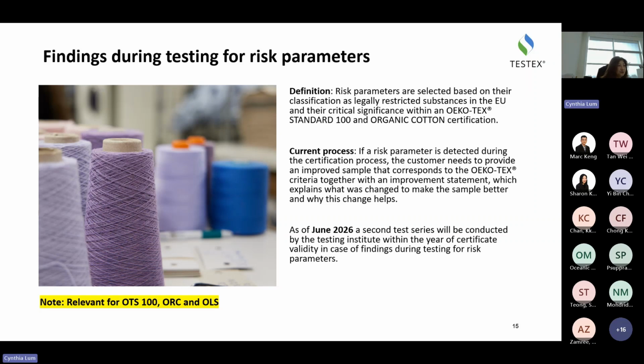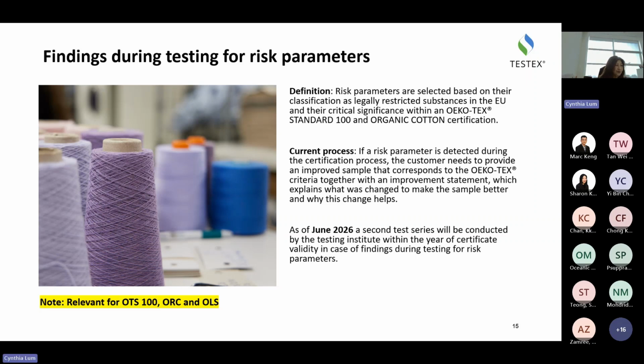From June 2026, if initial testing finds restricted substances, a second series of tests need to be conducted within the validity period. This requirement covers Standard 100, organic cotton, and leather. And for the time being, Eco Passport is excluded until further notice.